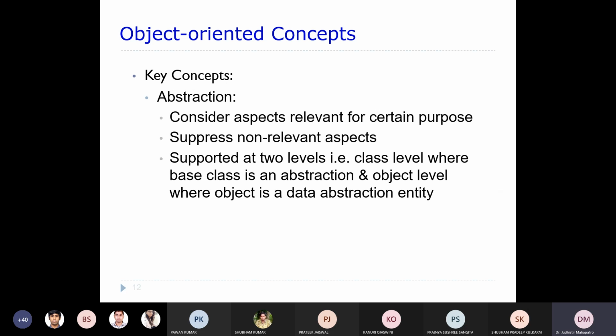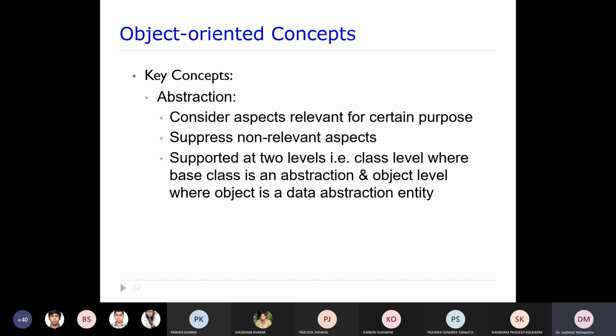Another important concept in object-oriented concepts is abstraction. Consider aspects relevant for a certain purpose. These are very important attributes, and sometimes it is really required in any object-oriented system.